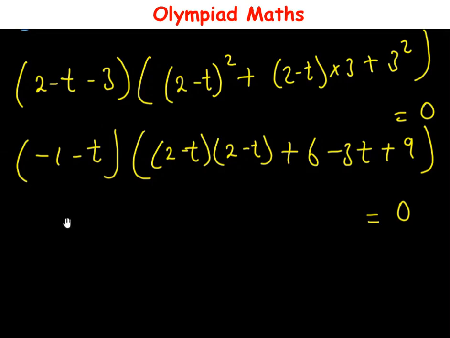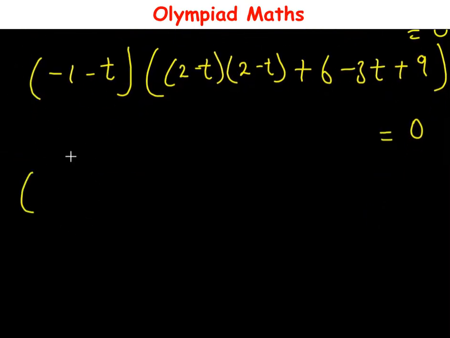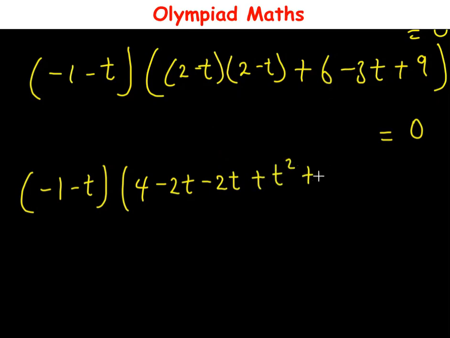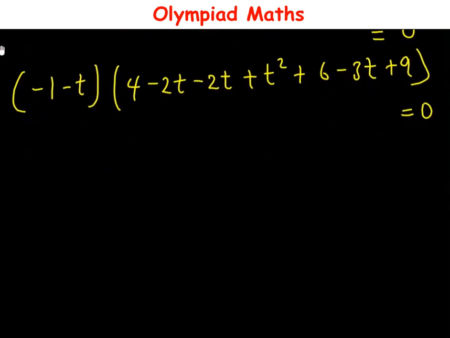From here, we have (−1 − t) multiplied by (2 times 2, 4, 2 times minus t, minus 2t, minus t times 2, minus 2t, minus t times minus t, plus t², plus 6, minus 3t, plus 9) = 0. So in brackets (−1 − t) multiplied by: 4 plus 6 is 10, plus 9 is 19.